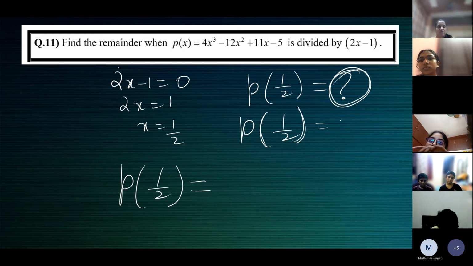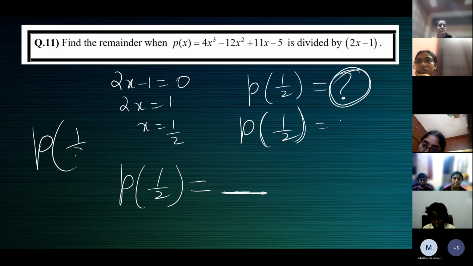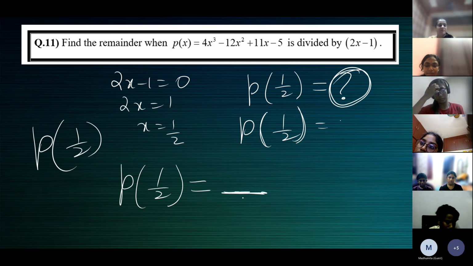You don't know, because you have to find the remainder. So you should work out P of half. In P of x, wherever there is x, you should use half and find the value of P of half. Whatever is the value of P of half is the remainder. Take a screenshot.